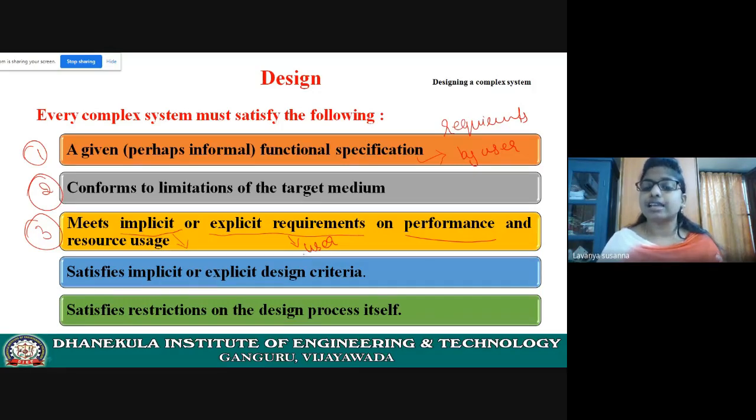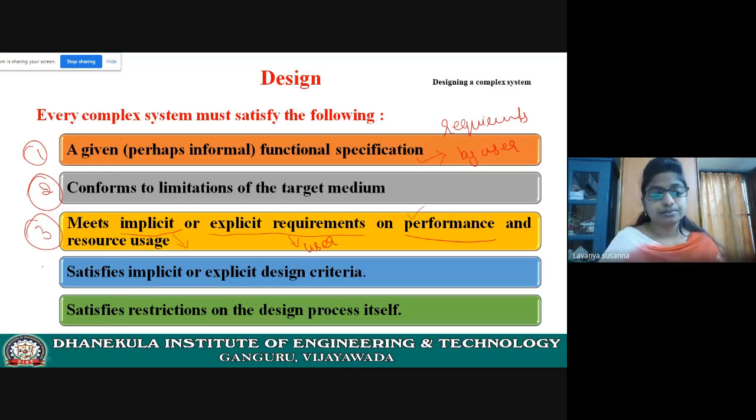And while designing, you need to see all those requirements. That means your design must meet all these requirements, and you need to consider the implicit requirements which are not specified by the user. You need to concentrate on performance and also resource usage of the system.